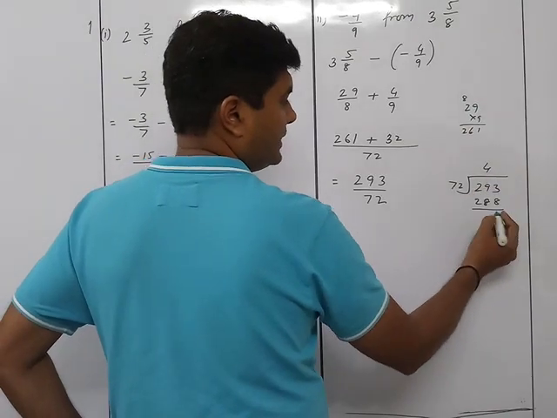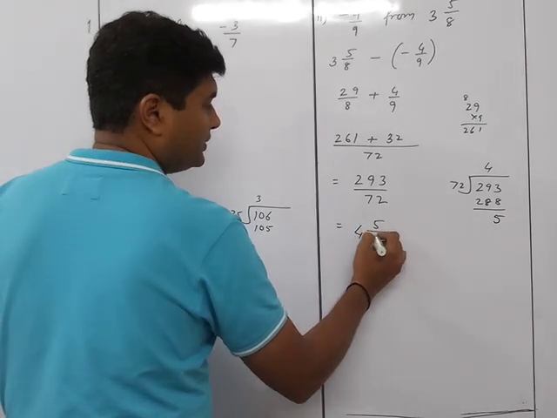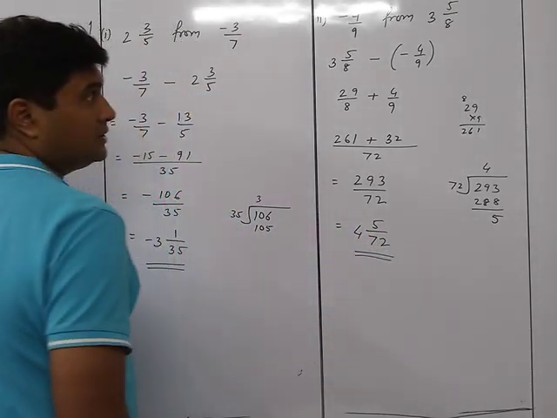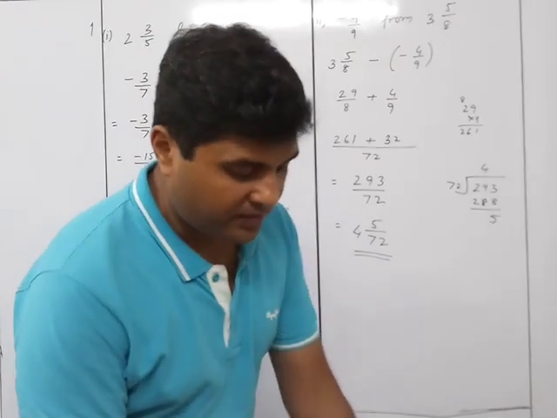This will give me the remainder 5. So it will be 4, 5 upon 72 will be the answer for the second sum. Okay, 4, 5 upon 72.